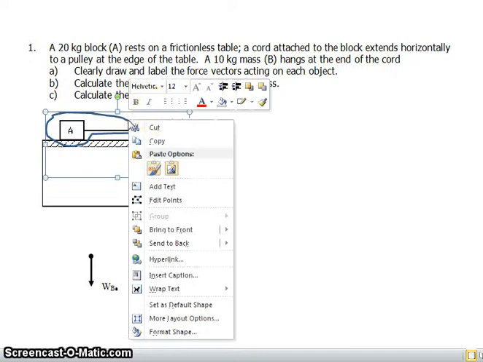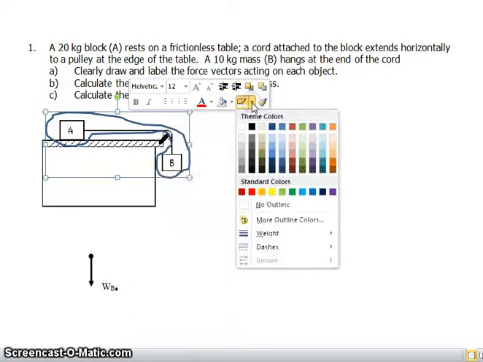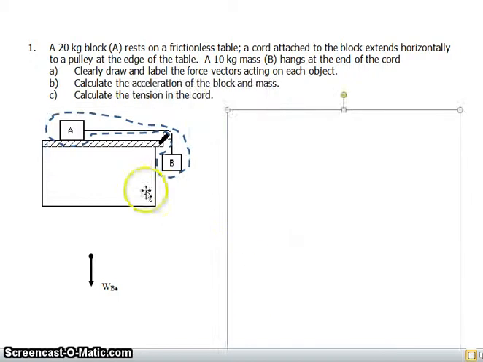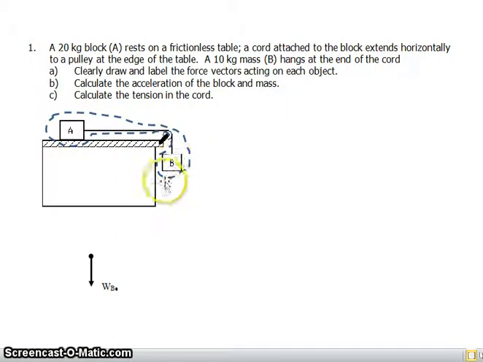Okay, so in fact, let's see if I can make this a dotted line. Good. Okay, so I've got my system here. It's A and B.